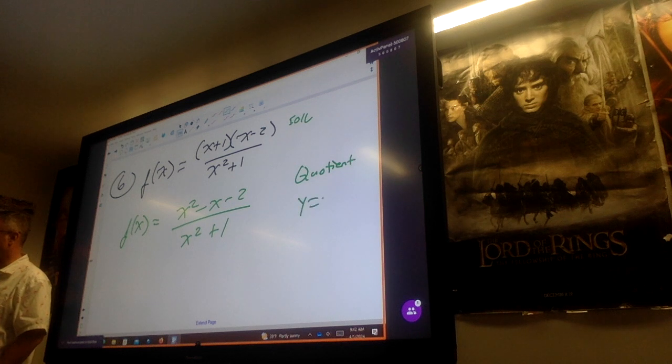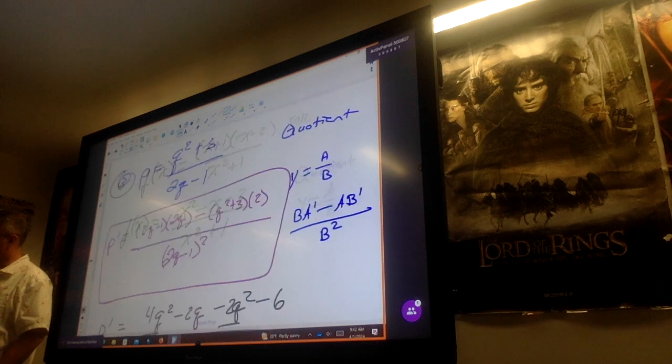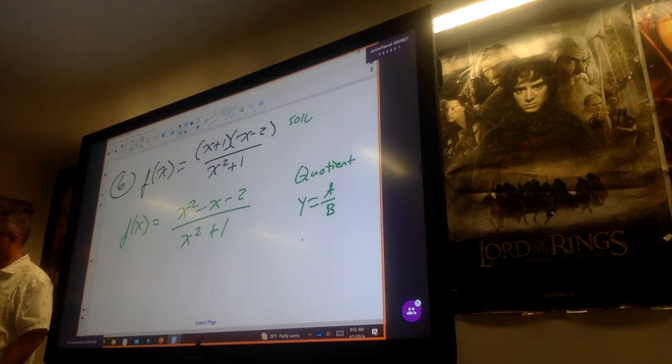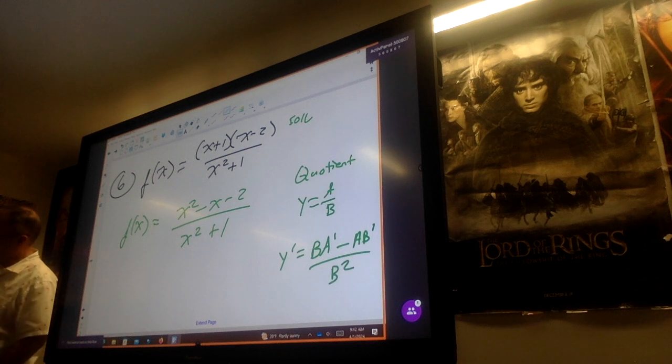Remember, if I had a over b, where a and b are some sort of polynomial, the derivative was b times the derivative of a minus a times the derivative of b all over b squared. Alright, so f prime of x: b, which is the bottom, is x squared plus 1.